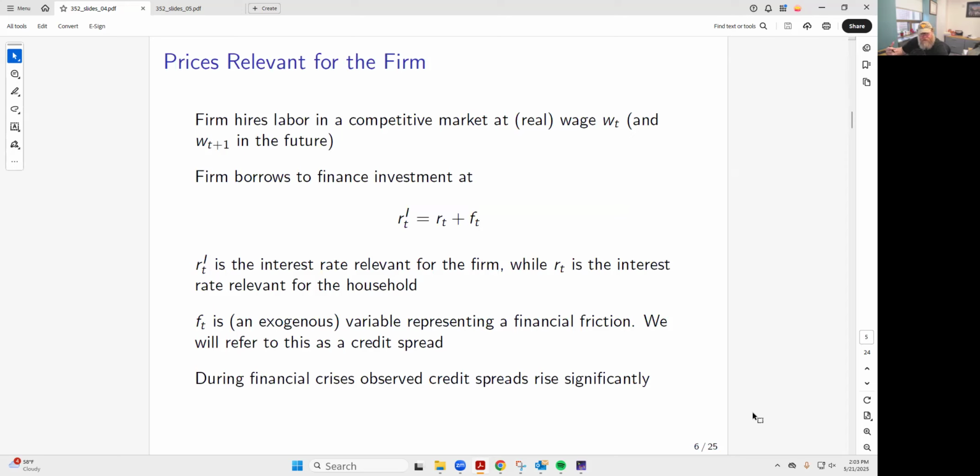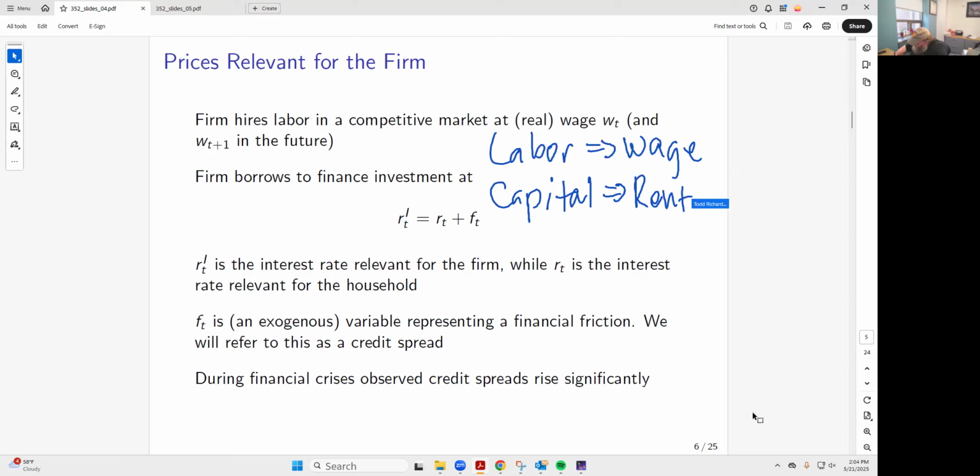Now, in terms of the prices that are relevant to the firm, from our perspective here, we're essentially going to think about two prices. You have the price of labor, which is going to be a wage rate. And then you're going to have the price of capital. Now, this requires somewhat of a conversation. When we talk about the price of capital, we use this term rental rate.